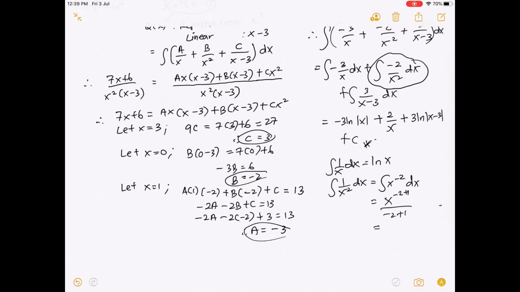So negative 2 plus 1, so we'll have x to the negative 1 over negative 1, which is negative 1 over x. Okay, so that's why it becomes 2 over x here. Okay, you may try this, and then if you have problems, you may ask.